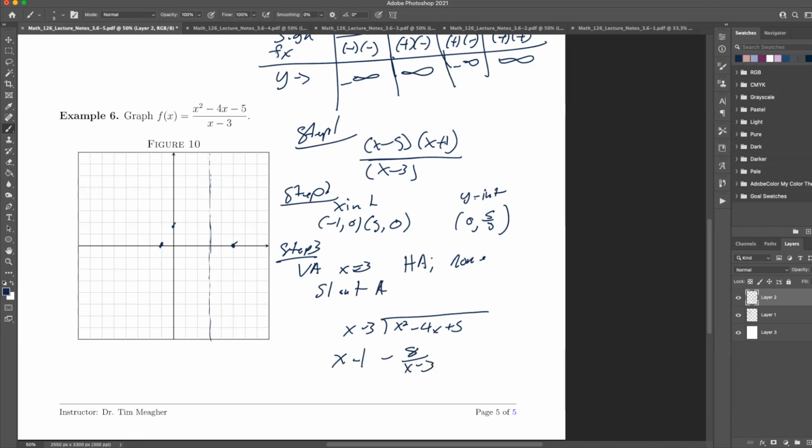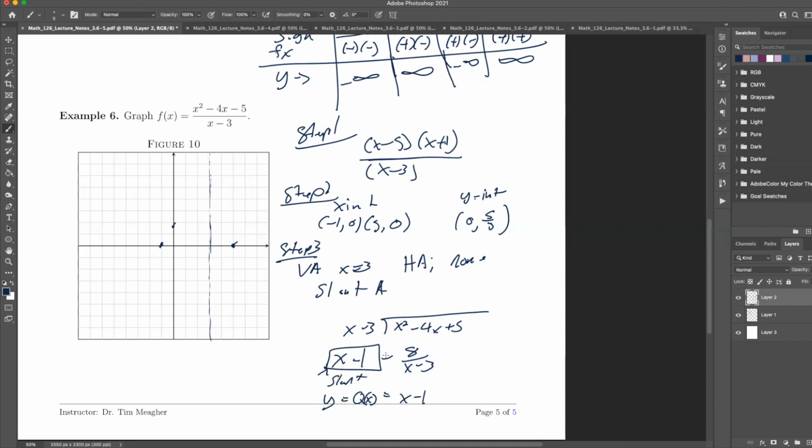Okay, and so when you factor this, this is what you'll get. Your quotient right here is your slant asymptote. Basically, you set y equal to q of x, which in our case is x minus 1.